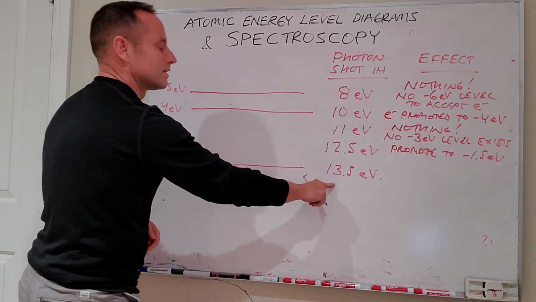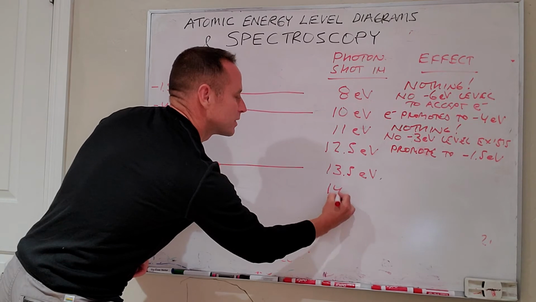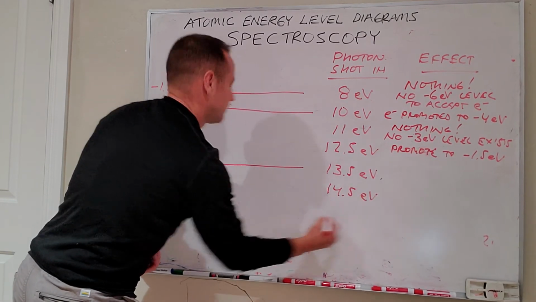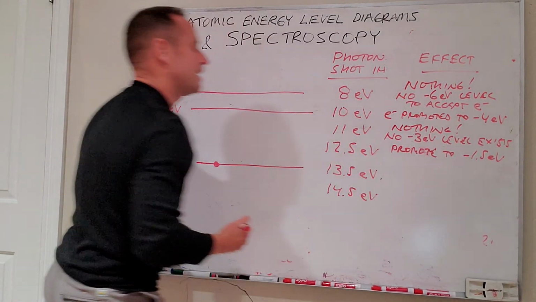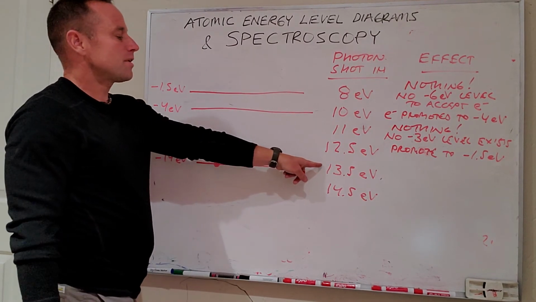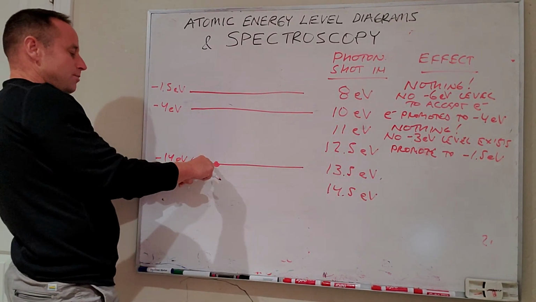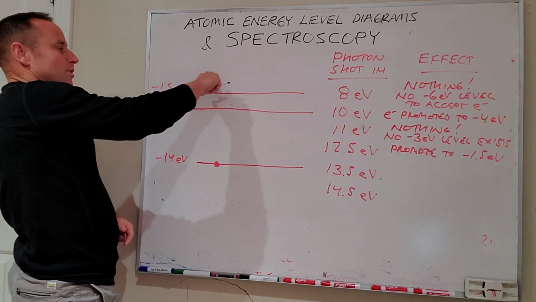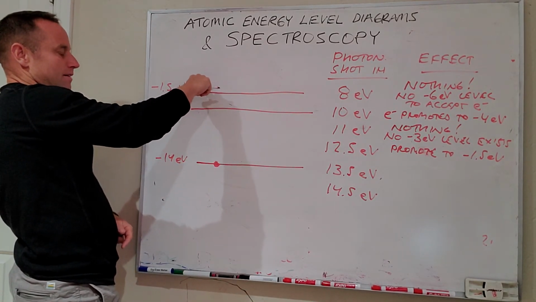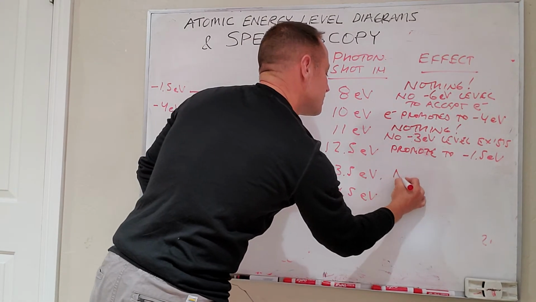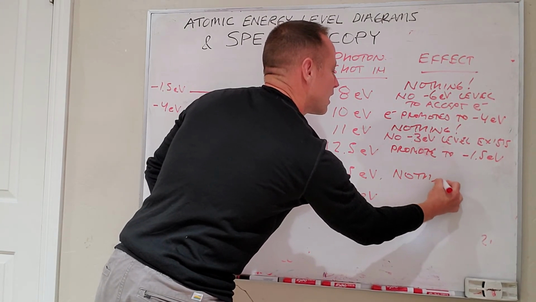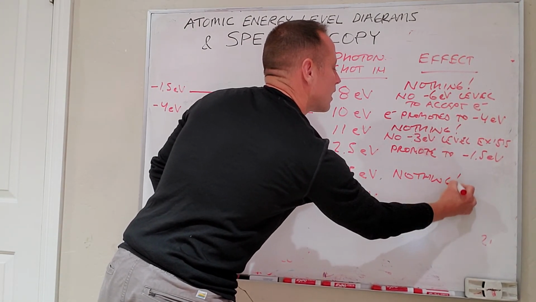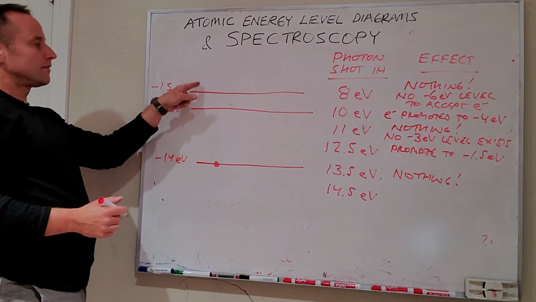Let's add one more to the list because I just see it here. Down here, let's put 14.5 eV. Let's do that. This one, 13.5. Again, you pump it in there. 13.5 would take it up to minus 0.5, but there's no minus 0.5 level. So again, this is going to be a nothing. There's no level available to take it.